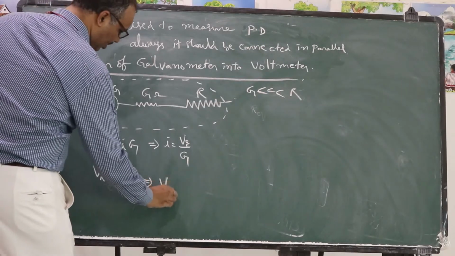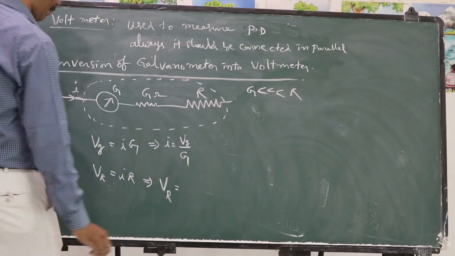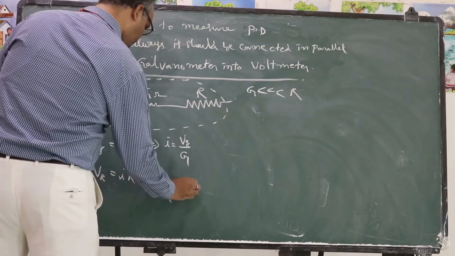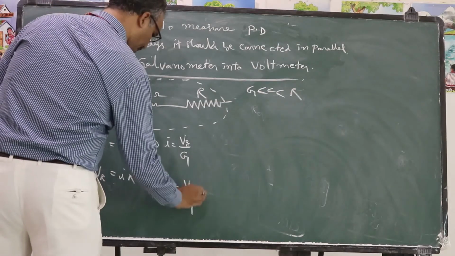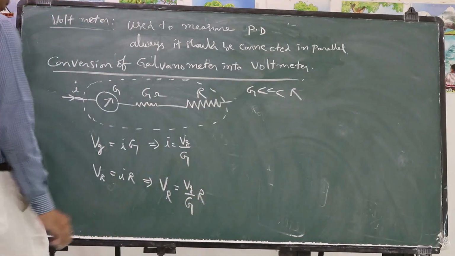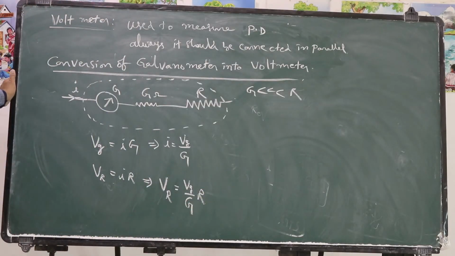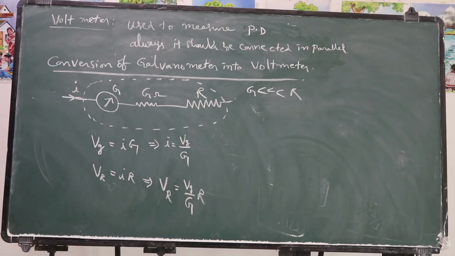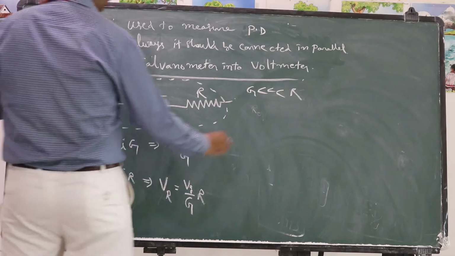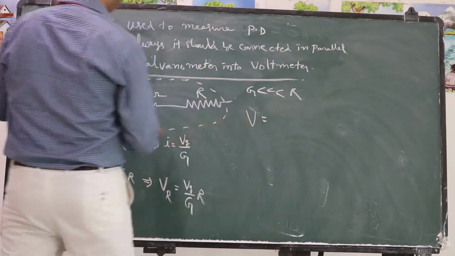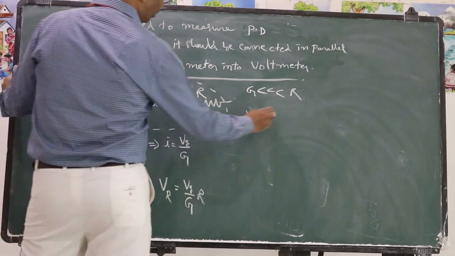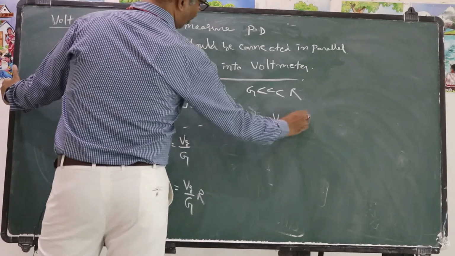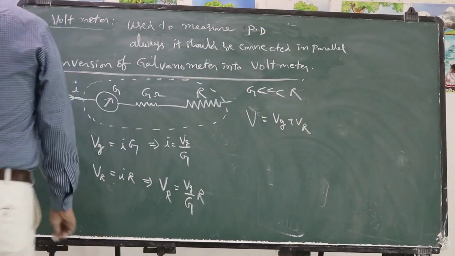Voltage across the resistor is equal to Vg by G into R. Similarly, we may frame some other relations also here. Total voltage, net potential difference is sum of the potential differences at the two ends, Vg plus Vr.